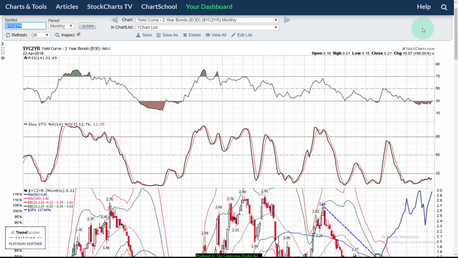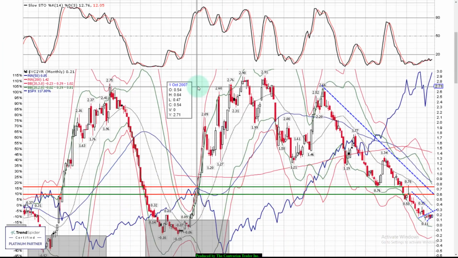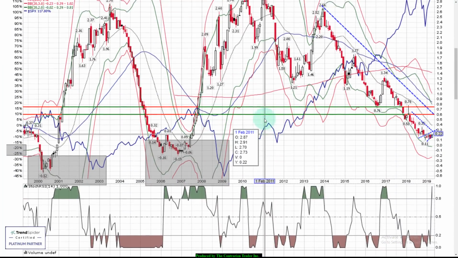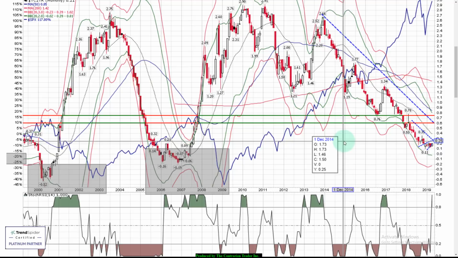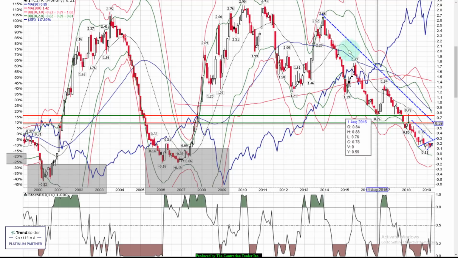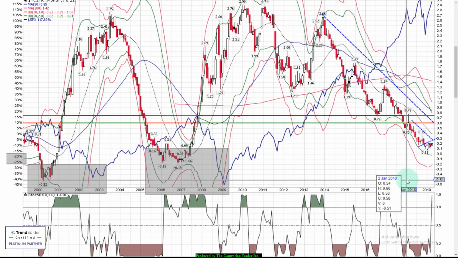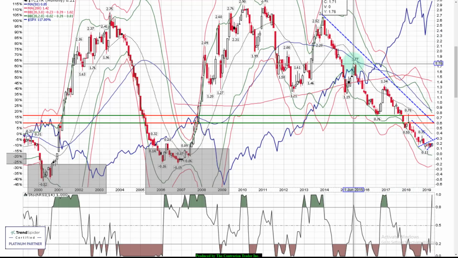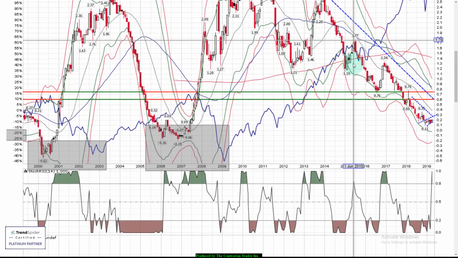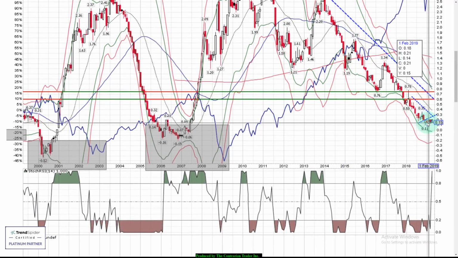Okay, so let's talk about the yield curve, because we haven't spoken about it in quite some time. The yield curve obviously has been in a long-term downtrend. There has been pressure on longer-term yields to the downside, with pressure on shorter-term yields to the upside. Now, we did see some strength back in December, then again in February.